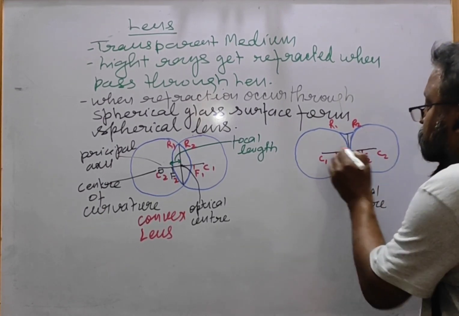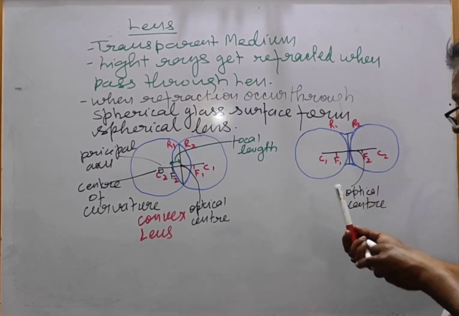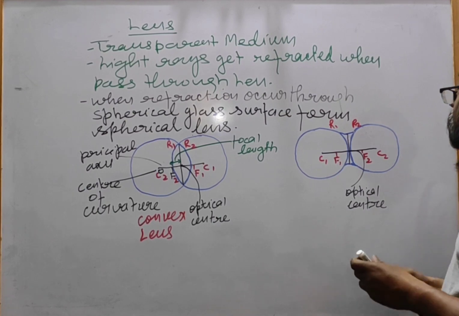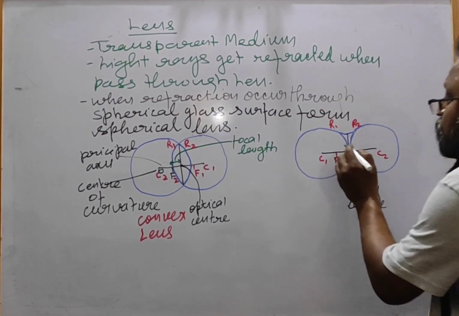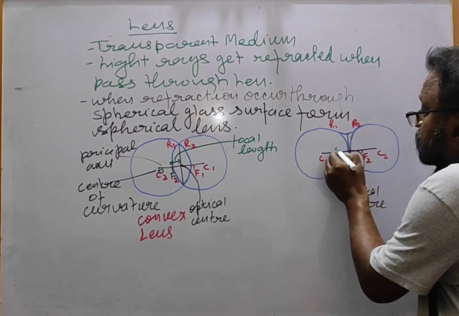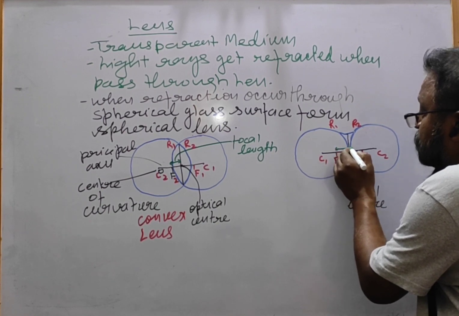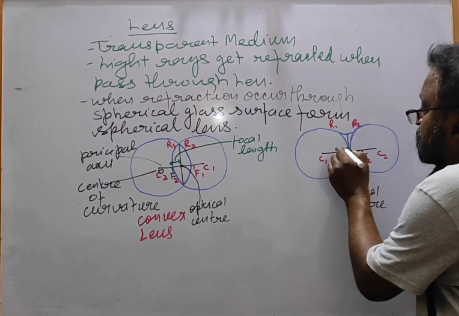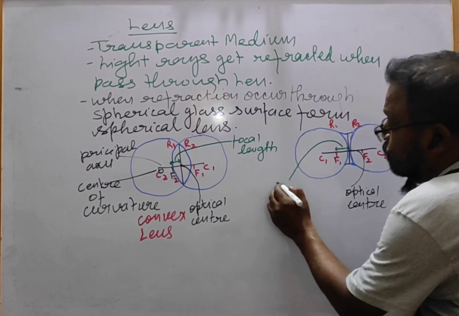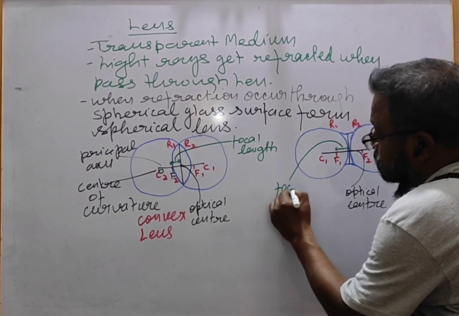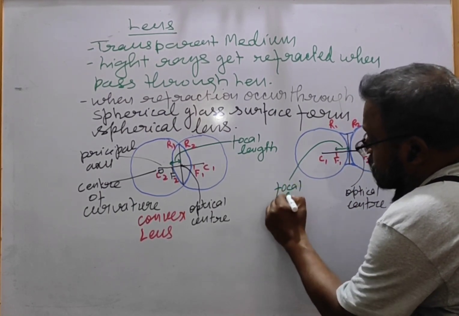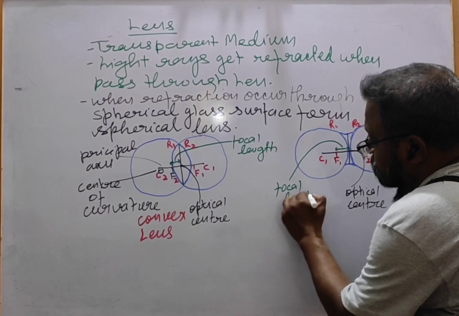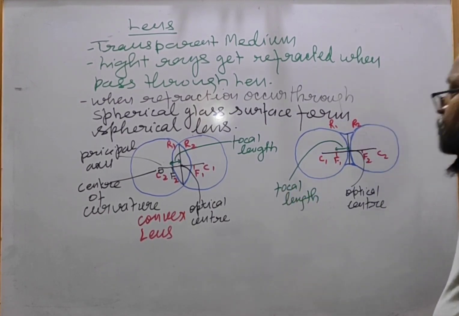So the distance between F1 and optical center is known as focal length, right?